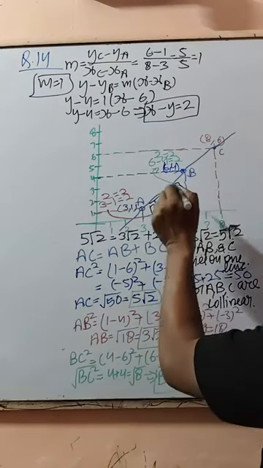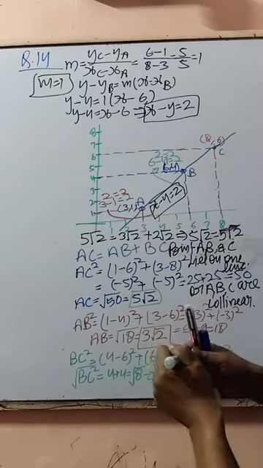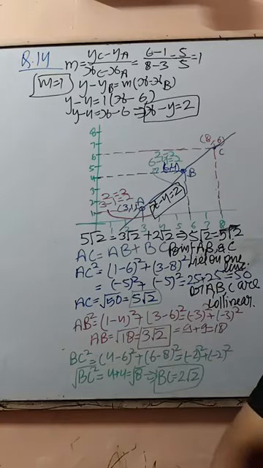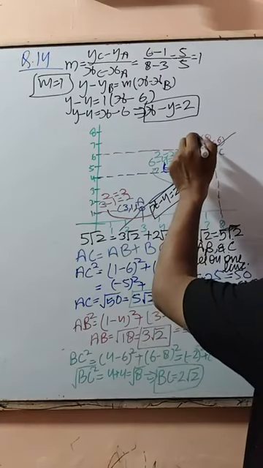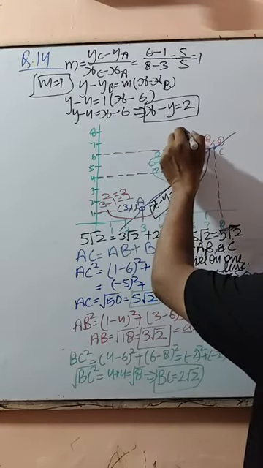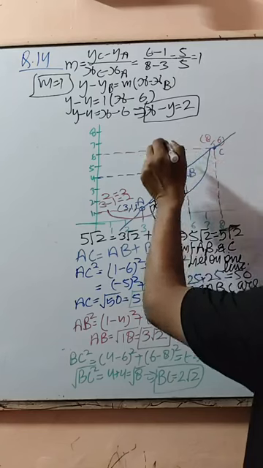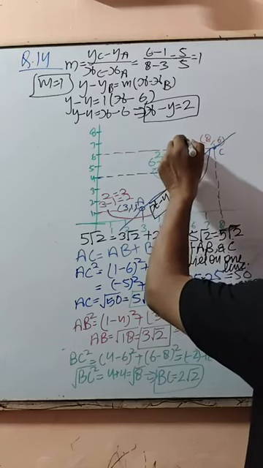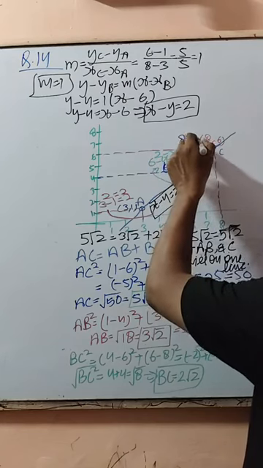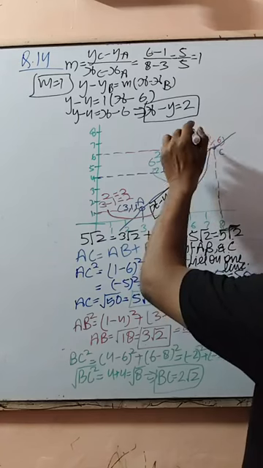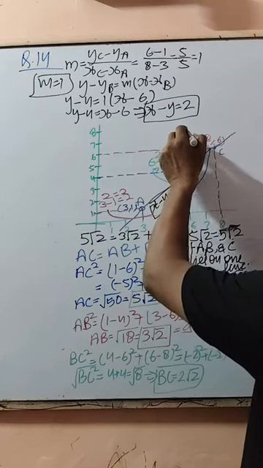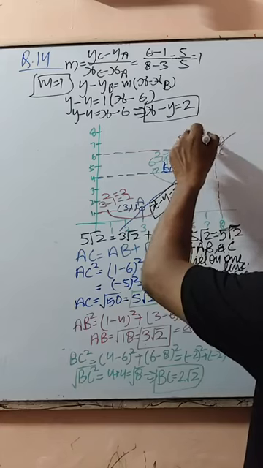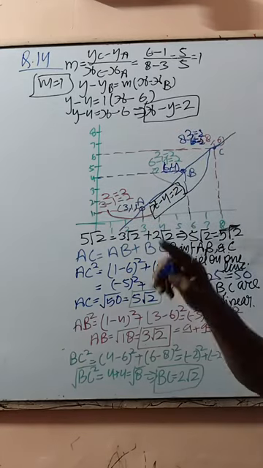And similarly, if you do this with this one, 8 minus 6 is equal to 2. So 2 is equal to 2. ठीक, राइट?